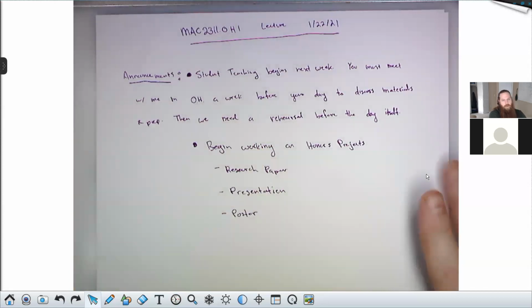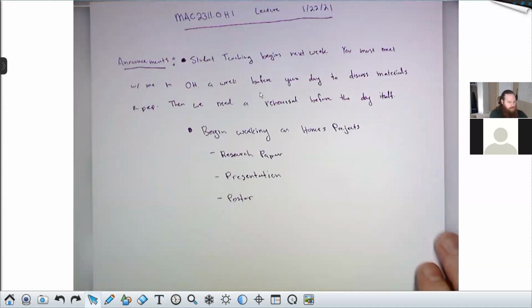The research paper is where you're going to actually do all the work. Then the presentation is really just you summarizing the work you did in the research paper, maybe with some samples or examples, demonstrations. And then the poster will be kind of a static version of your presentation that people can come up to and read if they aren't able to watch your presentation. So just those little notes on honors stuff.